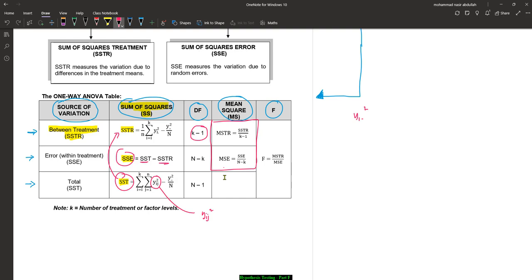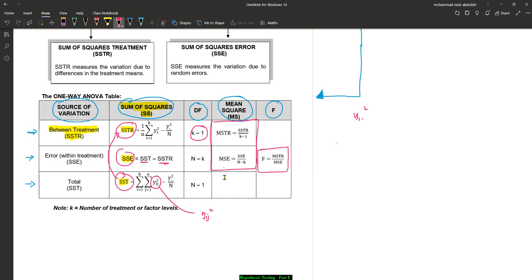So mean square treatment is the sum of square divided by degree of freedom. Same with error, sum of square divided by degree of freedom. So the ultimate value that we want to find is the F value, the F distribution. For the F distribution, we take mean square treatment divided by mean square error.